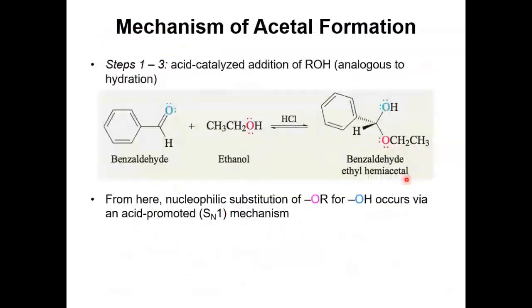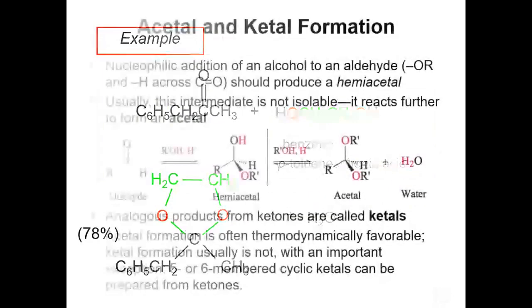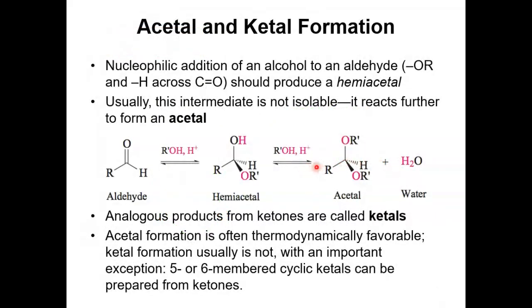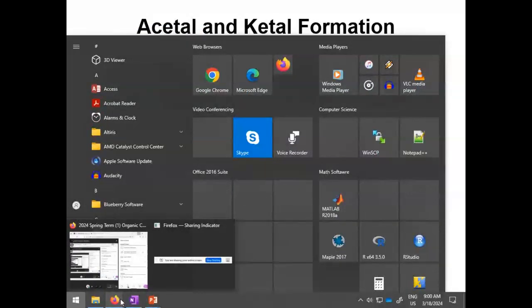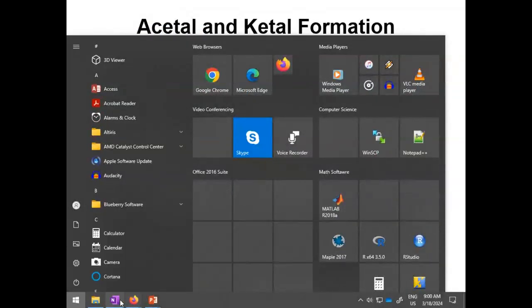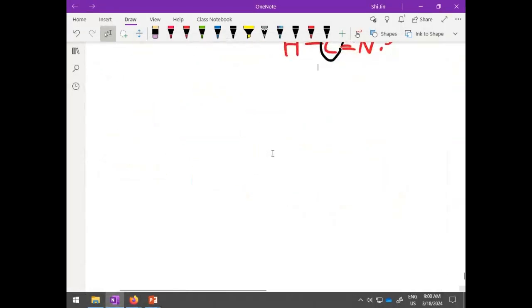But steric hindrance also plays a role here because of ketones. If you look at ketone, just compare to the acetals. Look at two acetal structures. One is the aldehyde.